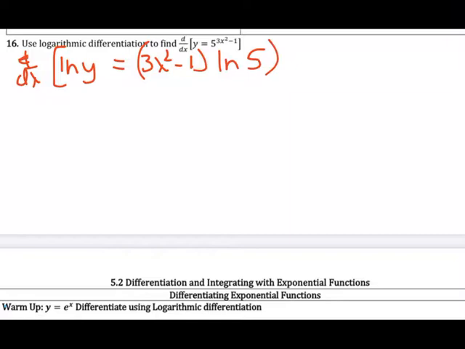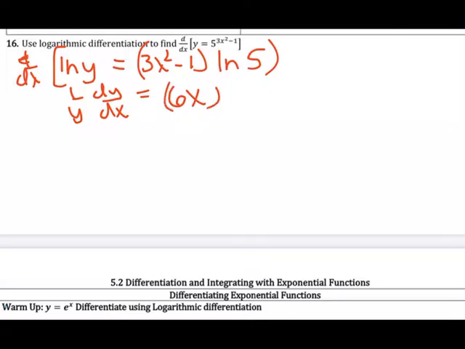To get that variable out of the exponent, I'm going to natural log both sides. Now I'm going to take the derivative with respect to x. So this is going to be 1 over y dy dx equals. Now remember that natural log of 5 is just a constant, so I'm really just taking the derivative of 3x squared minus 1, which is going to be 6x.